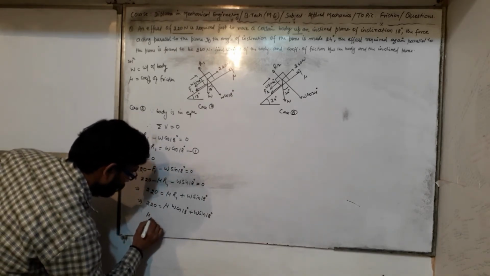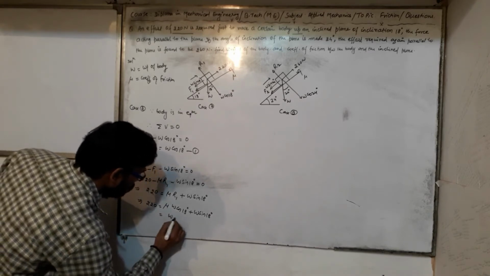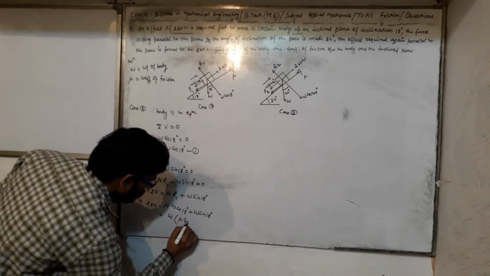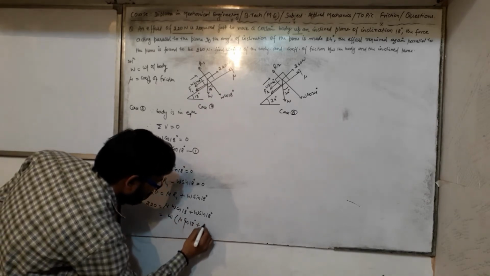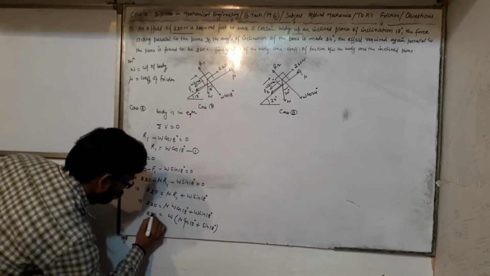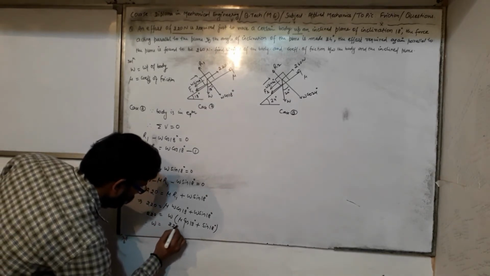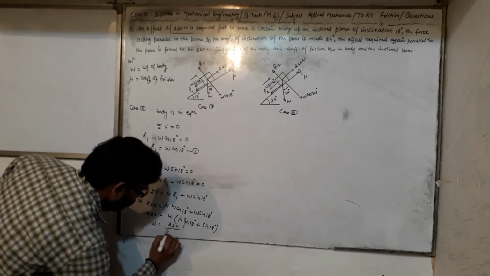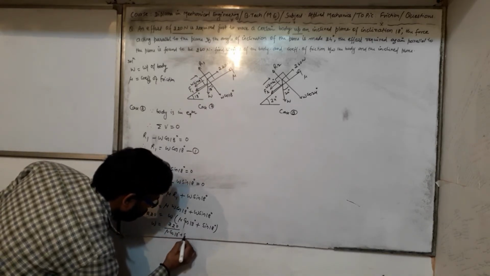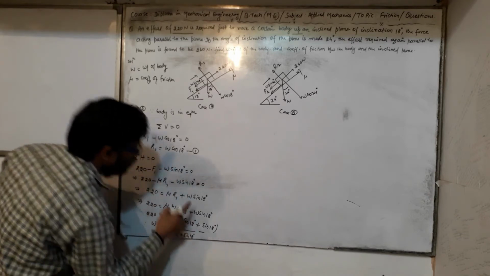If I take W as common, then W times mu cos 18 degree plus sin 18 degree equals 220. Therefore W equals 220 divided by mu cos 18 degree plus sin 18 degree. Let us say it is equation 2.